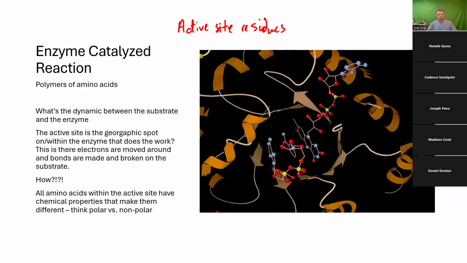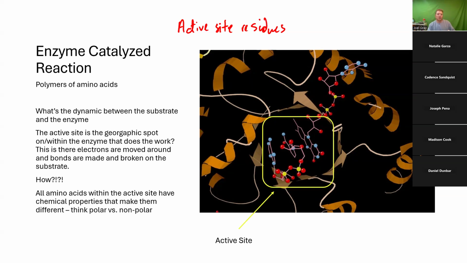Nonpolar residues like glycine or alanine or tryptophan, we know what those look like. Maybe there's lots of hydrocarbons there, leucine, isoleucine. And then you've got your polar residues like aspartic acid, glutamic acid, arginine, lysine, histidine. We've got all these different chemical properties of those different groups. We've talked about them in terms of the interactions that they can have: hydrogen bonds or disulfide bonds or ionic interactions. These are all important things.